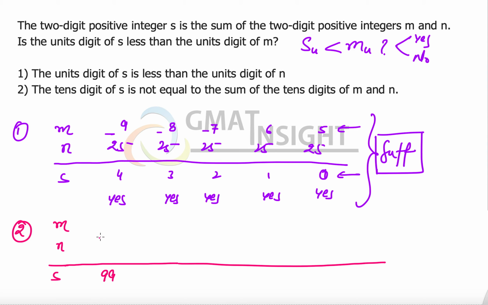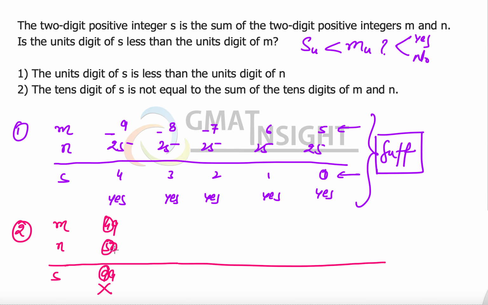So there are several possibilities, that m can be 49 and n can be 50. That's one possibility. But the statement says the tens digit of s is not equal to the sum of the tens digit of m and n. Here the problem is that the sum of the tens digit of m and n is 9. So this does not meet the condition given in the second statement, so it is not an acceptable case.